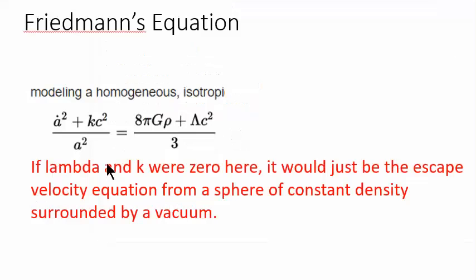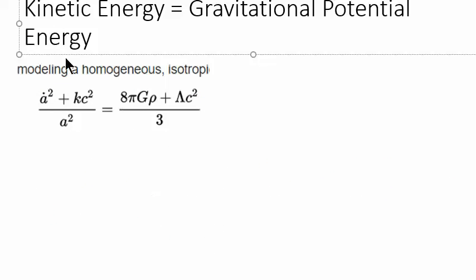Now, if lambda and k were 0 here, it would just be the escape velocity equation from a sphere of constant density surrounded by a vacuum. To show that, I'm going to set the kinetic energy of each particle in the system equal to the gravitational potential energy of each particle in the system.